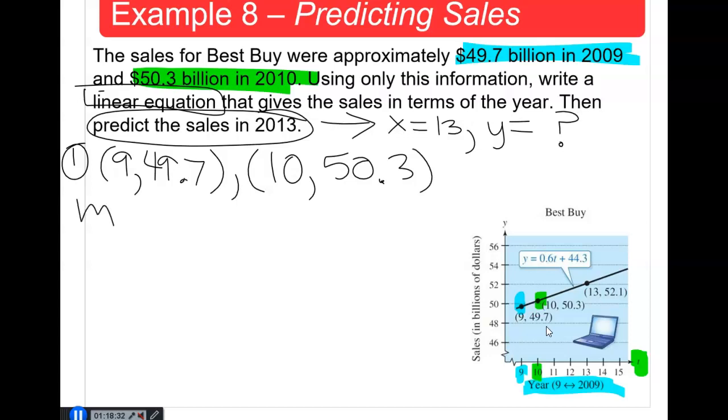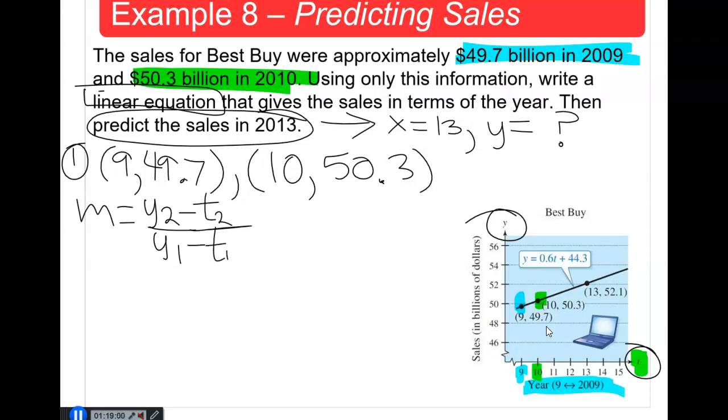So to find the slope, first, we're going to use the formula y sub 2 minus y sub 1 over x sub 2 minus x sub 1. And here, if you notice, instead of x, we're using t. So I'm going to just go ahead and change that so you start getting used to seeing other letters. It's not a big deal. We could call this t sub 2, t sub 1.